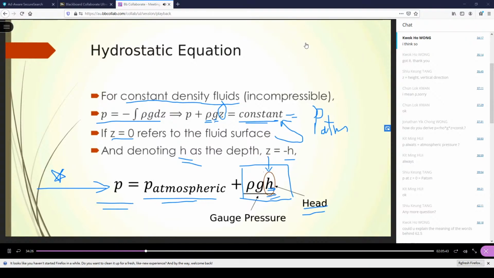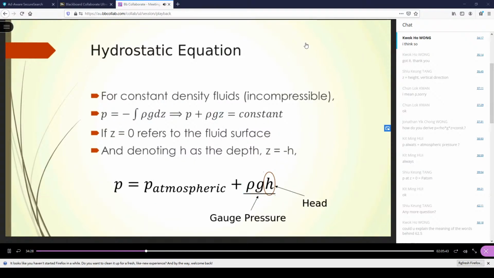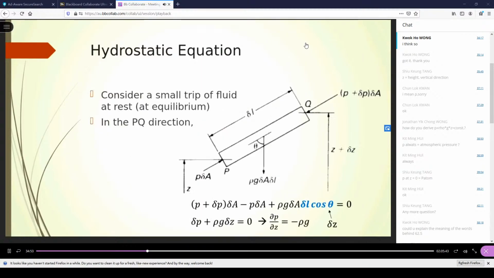There are several questions which are very good. The first question is from Gok Ho, who is asking what is the meaning of Z. I think you mean this Z. Let's go back to the last PowerPoint.